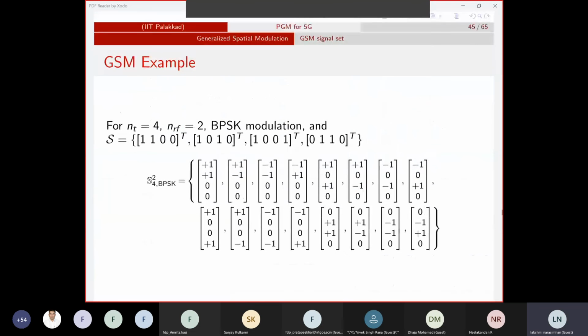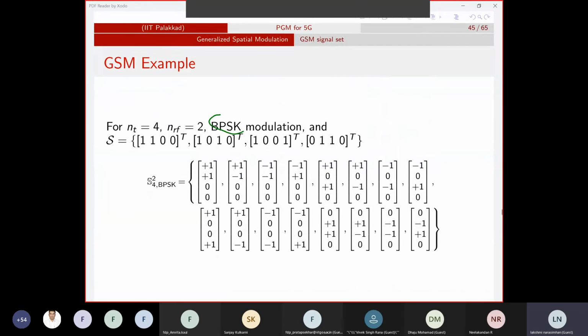So let's say that we have BPSK constellation and 2 RF chains and 4 transmit antennas, the same configuration that we have. Then let's say with every 2 bits of information, the first 2 bits given to me, I'll choose 2 BPSK symbols.